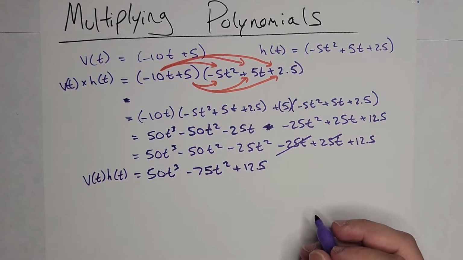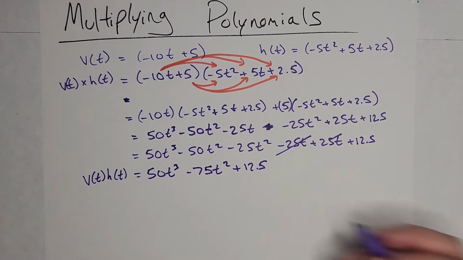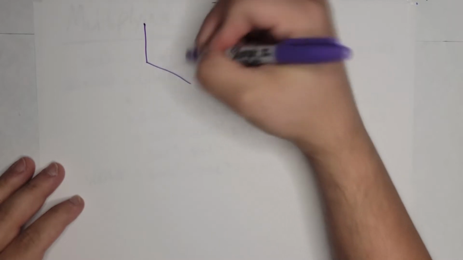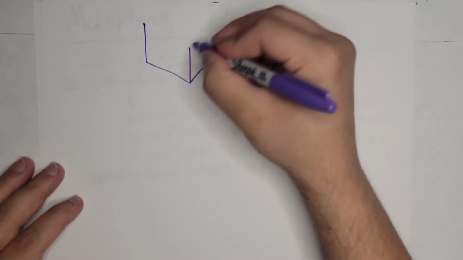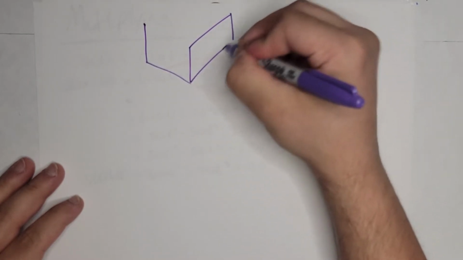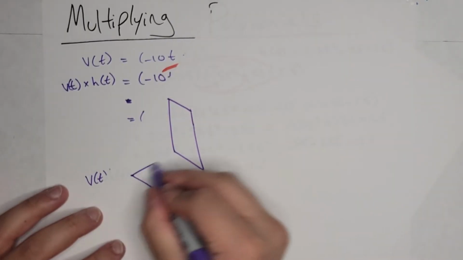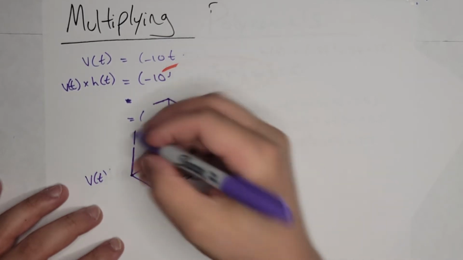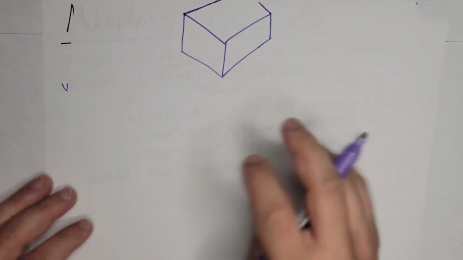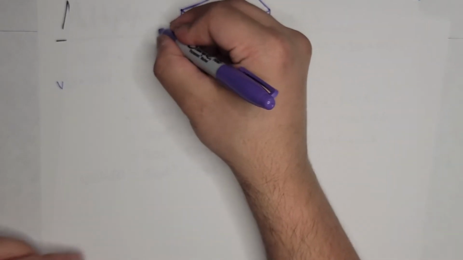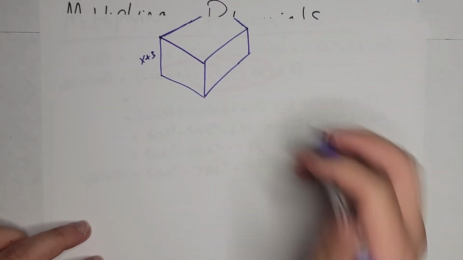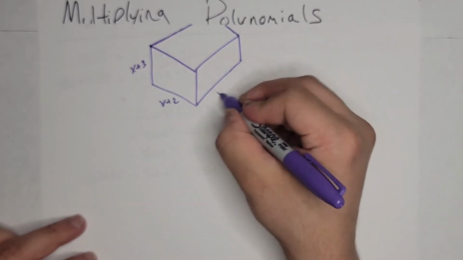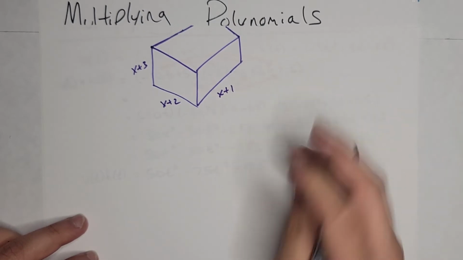Let's do another one because these are fun. Let's say I have a cube or a rectangular prism. Oops, I guess I cut it off the page. But say I have a height of x plus 3 and a depth of x plus 2 and a length of x plus 1.